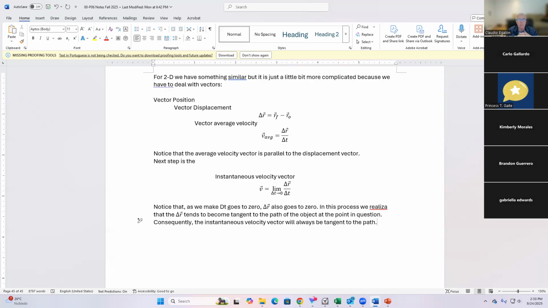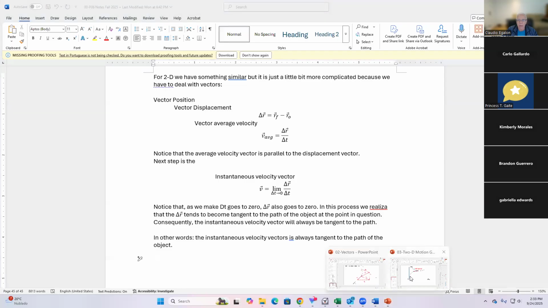So that's new information. In other words, the instantaneous velocity vector is always tangent to the path of the object.